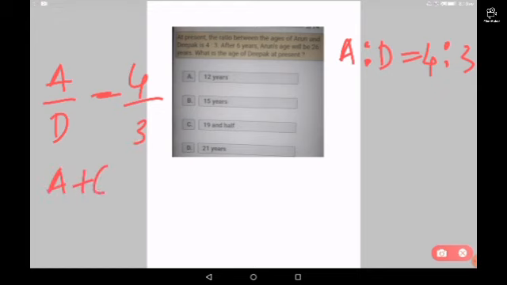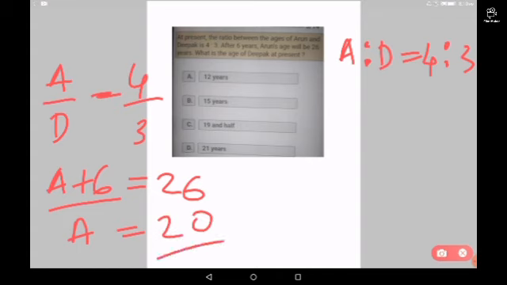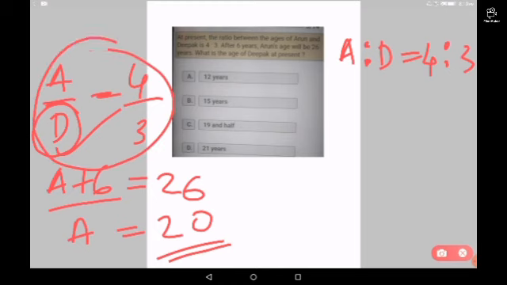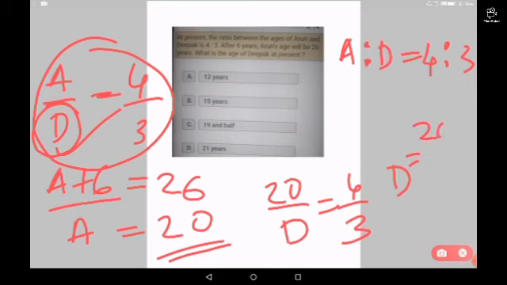After 6 years Arun's age will be 26, so A plus 6 is equal to 26, and therefore A should be equal to 20. If we know A, then it is so easy to find D from this equation. So 20 by D will be equal to 4 by 3. So D will be equal to 20 by 4 into 3, and we will end up with the answer 15 years. So Deepak's present age will be 15 years.